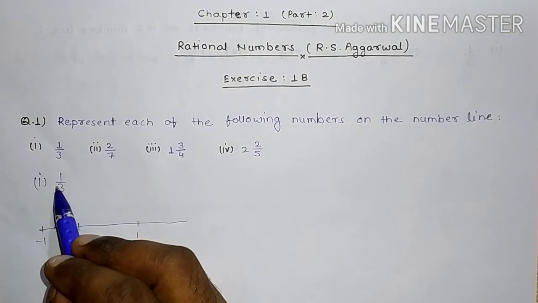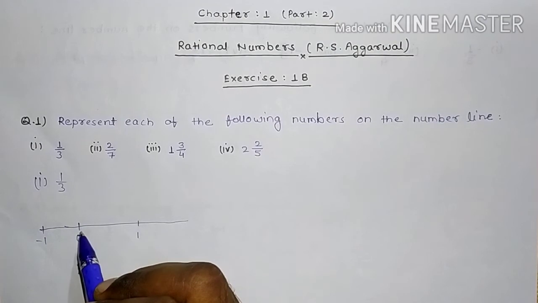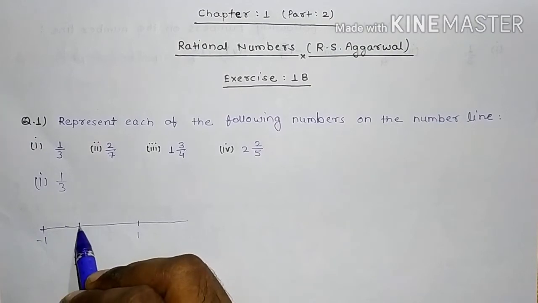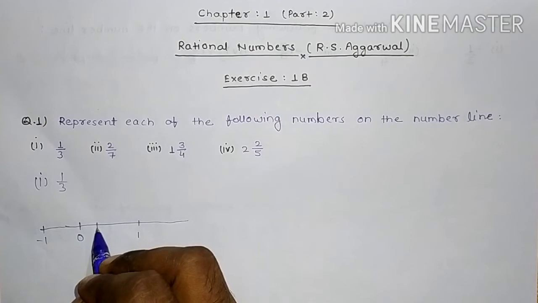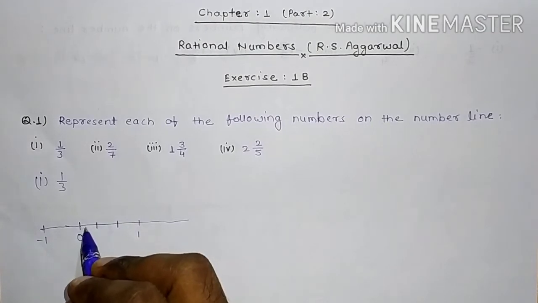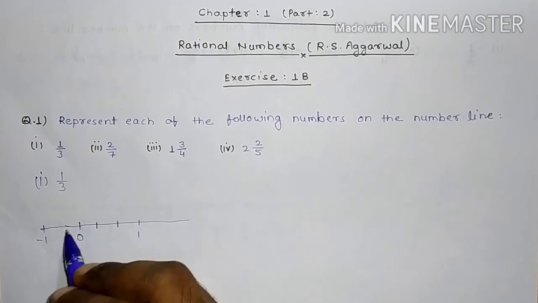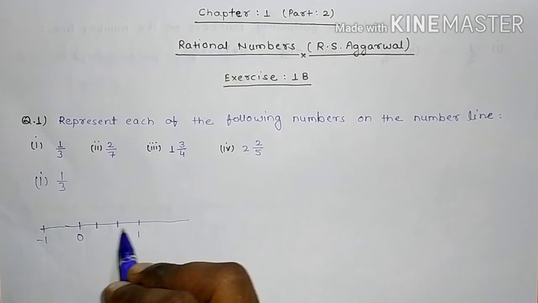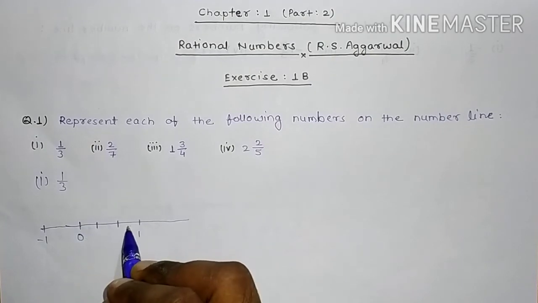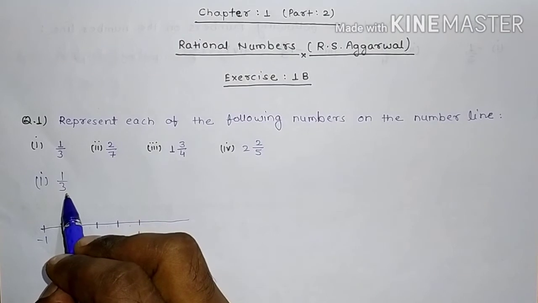And the denominator is 3 here. So the first step is just divide 3 part in between 0 to 1. So this is first part, second part, and third part. Here I am dividing 0 to 1 into 3 parts, 1, 2, and 3, because denominator is 3 here. Okay.